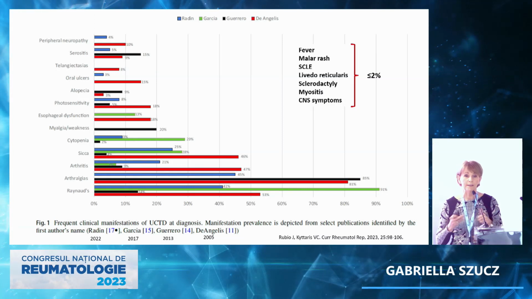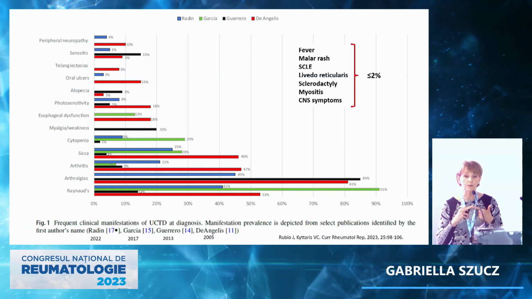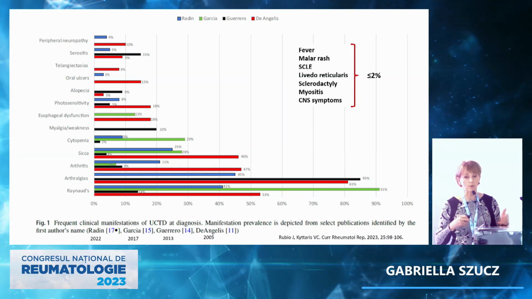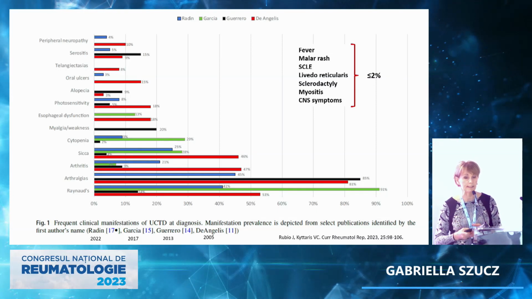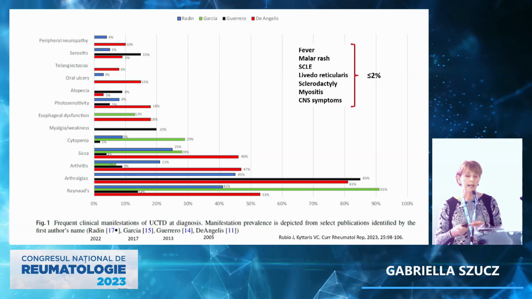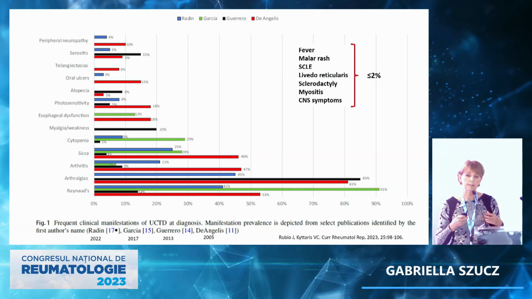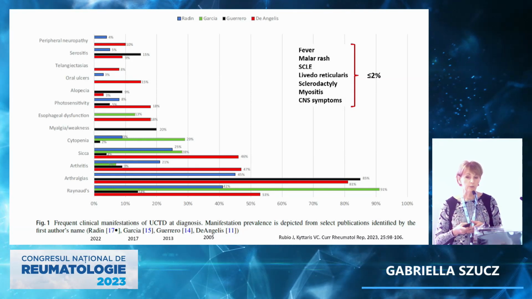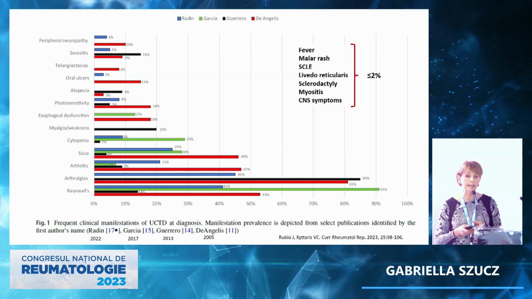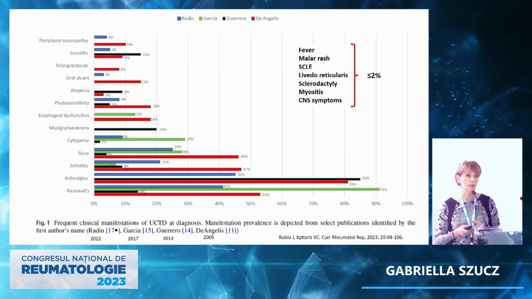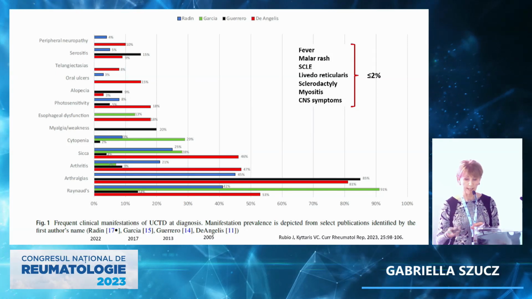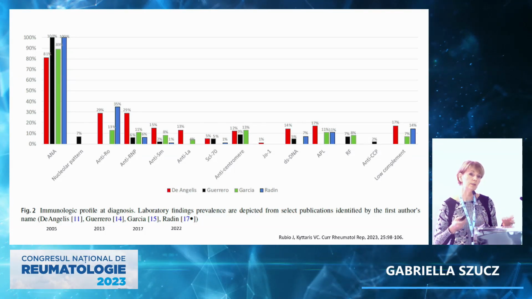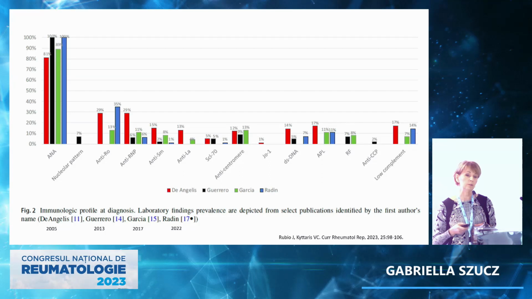We have to collect the patients with Raynaud's, arthralgia, arthritis, and the other symptoms, such as oral ulcer, alopecia, photosensitivity, which occurred less frequently, and the really less frequent symptoms were fever, malar rash, subacute cutaneous LE, livedo reticularis, sclerodactyly, myositis, and central nervous system symptoms, which were less than 2% of the patient population. What about the immunological parameters? You see that the highest frequency was shown with antinuclear antibody.